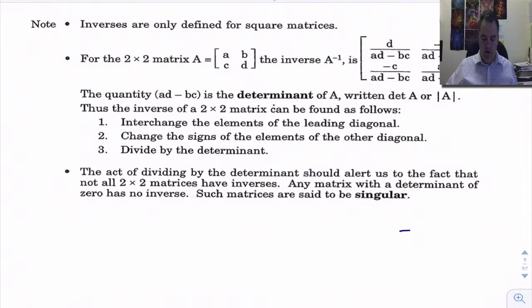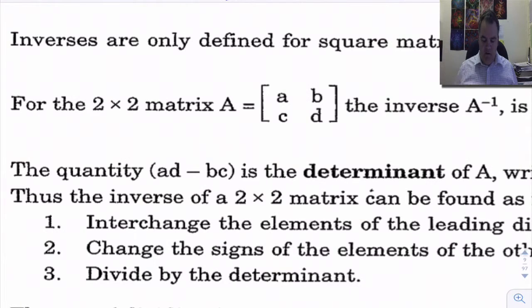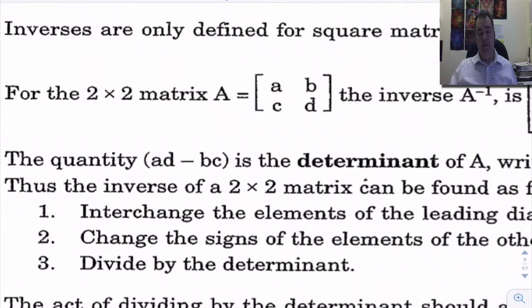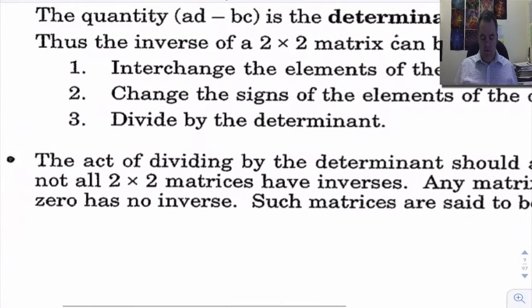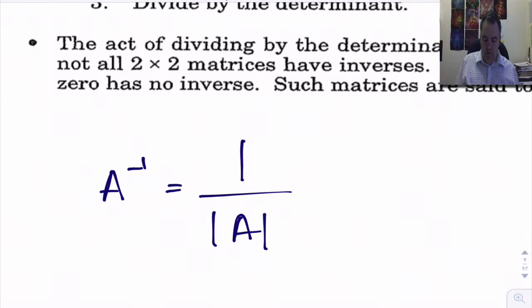If we've got a matrix A, B, C, D, here it is here, the determinant of the matrix is the difference between the product of the diagonals of the matrix. So A times D minus B times C is called the determinant. The inverse of a matrix is defined like this. It's 1 over the determinant.